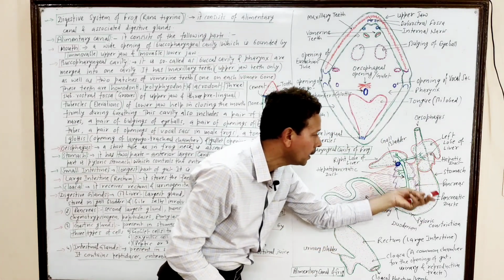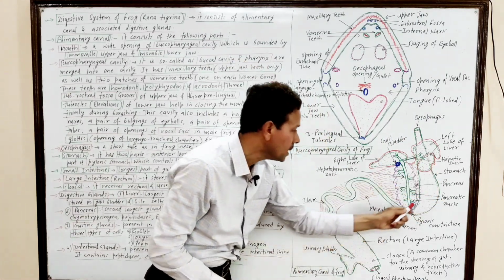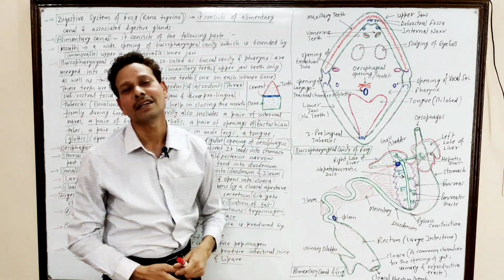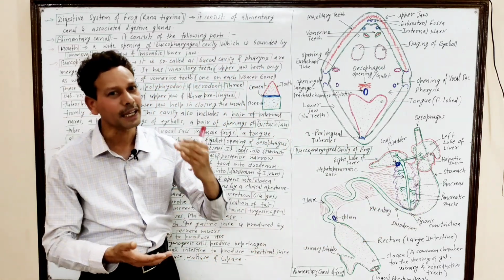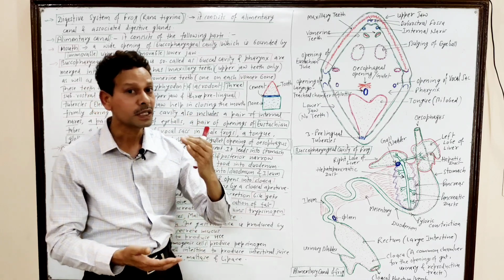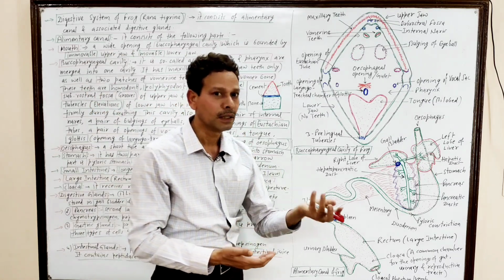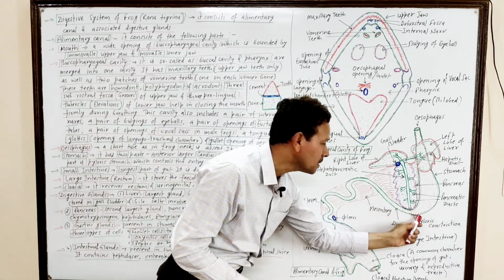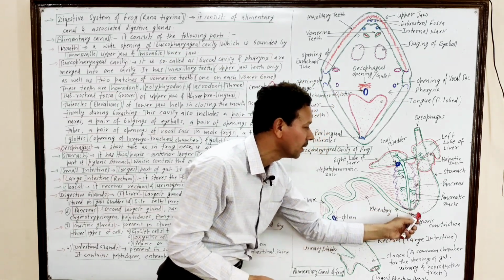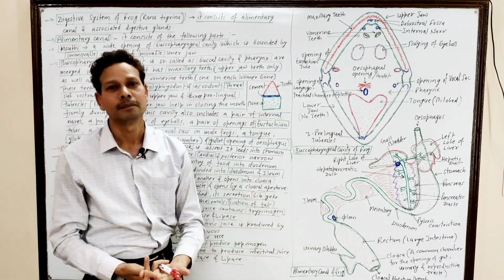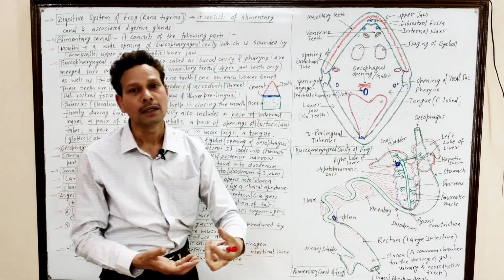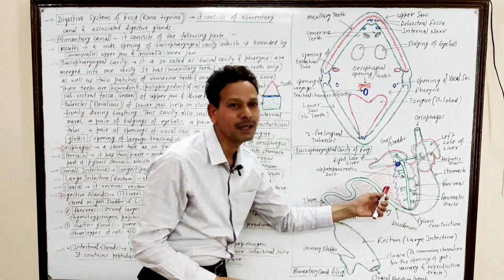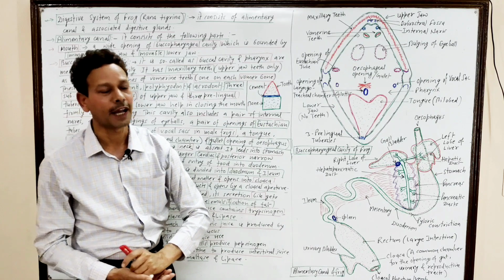Its upper part is the cardiac stomach, and this lower part, which is curved, represents the pyloric stomach. It means in the frog the stomach has two parts. The upper part is cardiac and the lower part is pyloric. In this pyloric region, a sphincter is there, the pyloric sphincter. That pyloric sphincter checks the entry of food from the stomach into the small intestine.